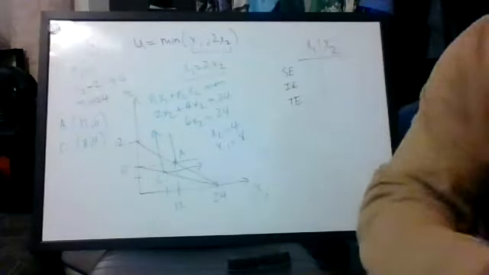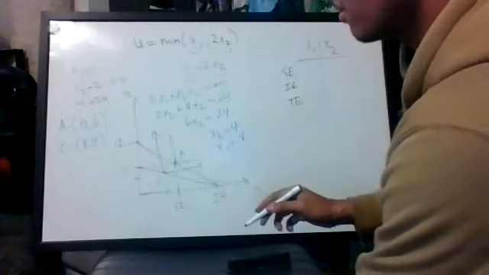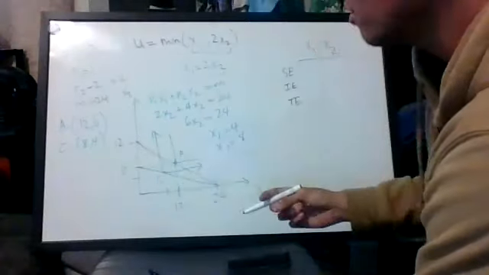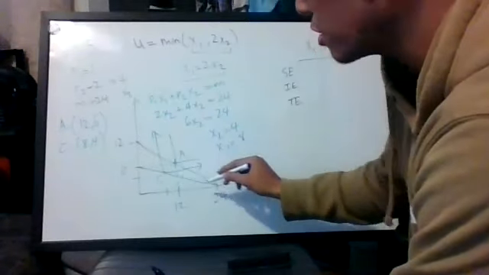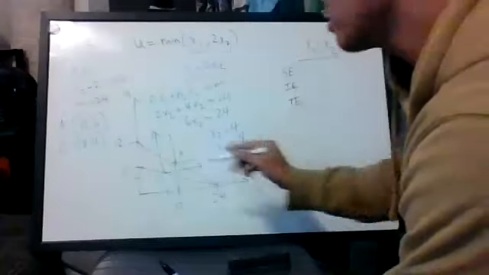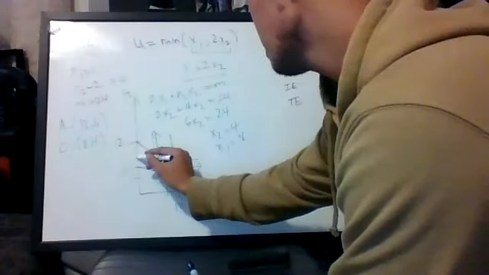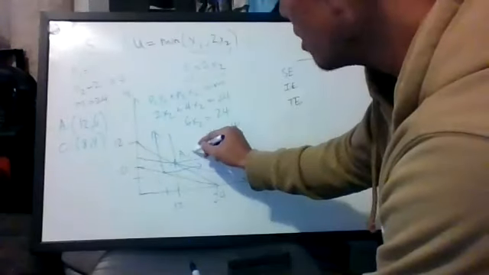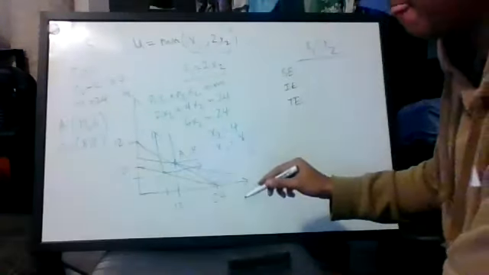So with perfect complements, we know that our budget constraint, I guess if you will, has to be parallel to this new budget constraint. And so that's actually going to intersect at a point that looks like this, where A and B are the same, right?